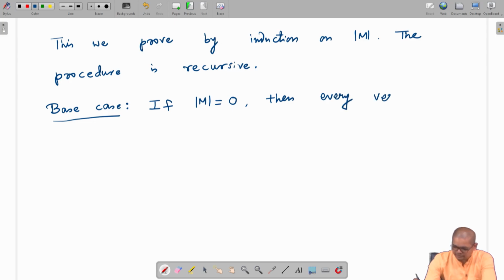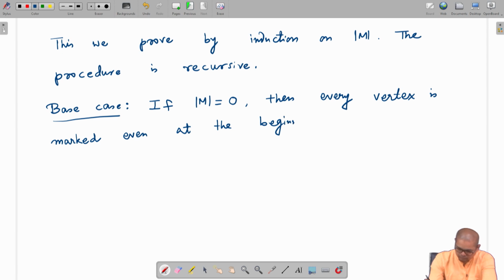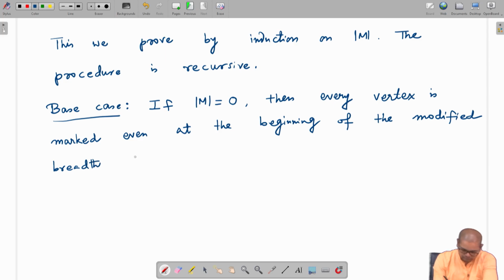every vertex is marked even at the beginning of the modified breadth first search.